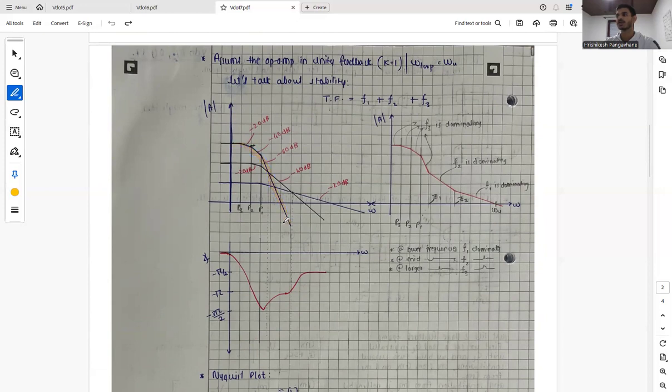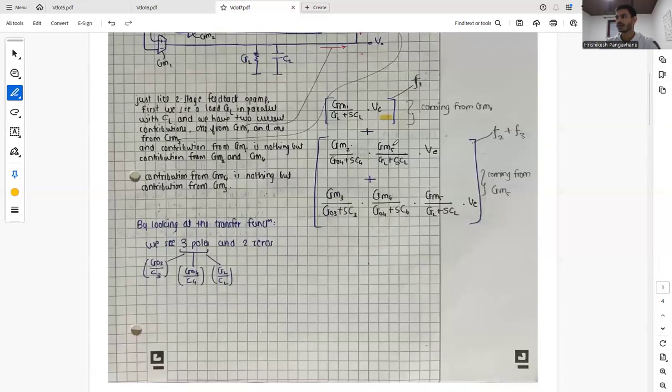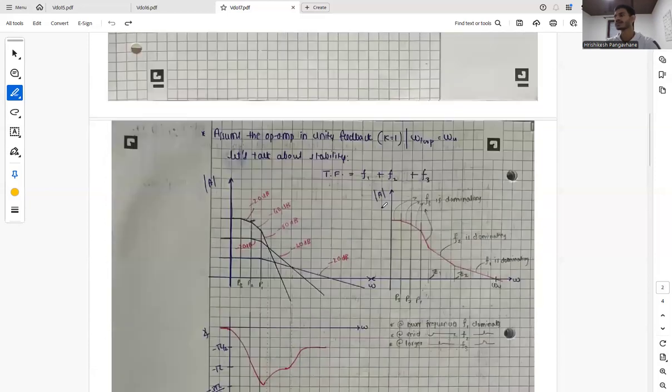Now our transfer function is not F1, F2 or F3 alone, it is an addition of F1, F2 and F3. In such a case the curve follows whichever has the highest value at that particular point. So basically the curve will follow this curve like this. In addition, since these are logarithmic values, this is how the curve follows.